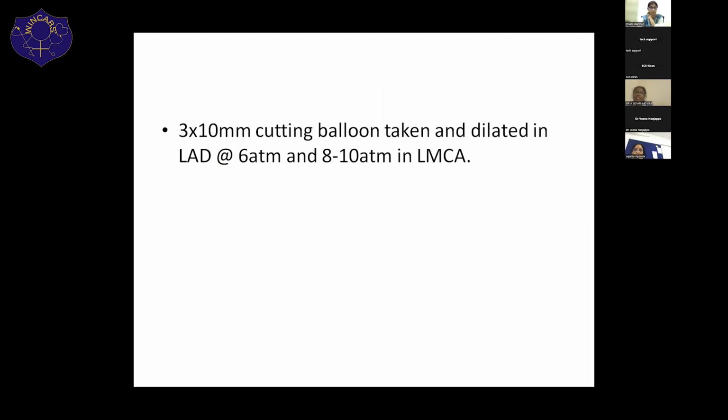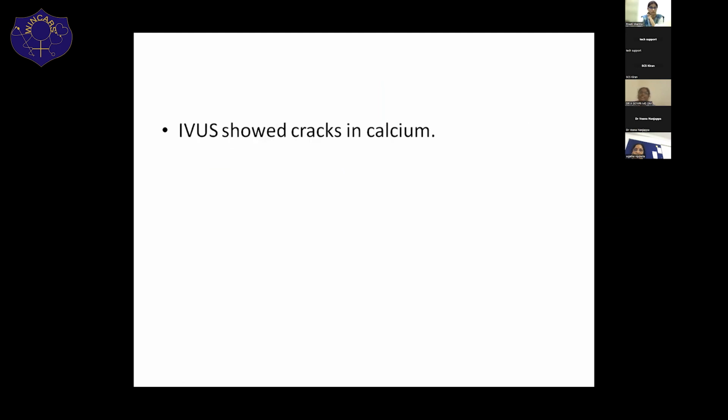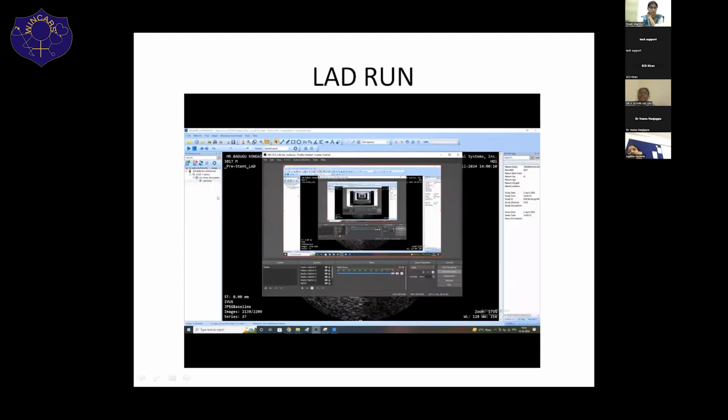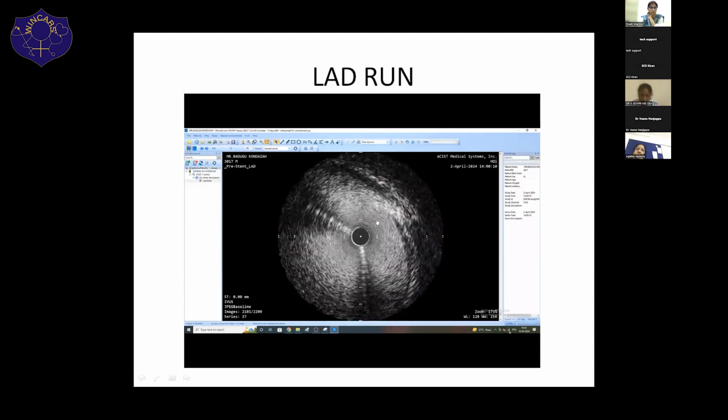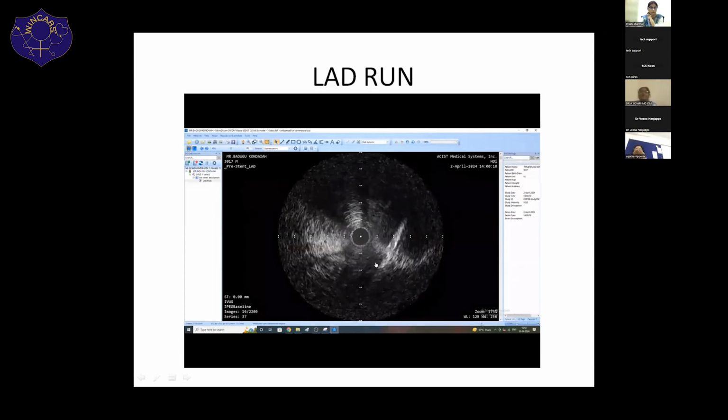So we took a 3x10 cutting balloon and dilated the LAD, and then did IVUS. The IVUS showed that the lesion was well prepared, and there were some cracks in the lesion. The calcium has yielded.